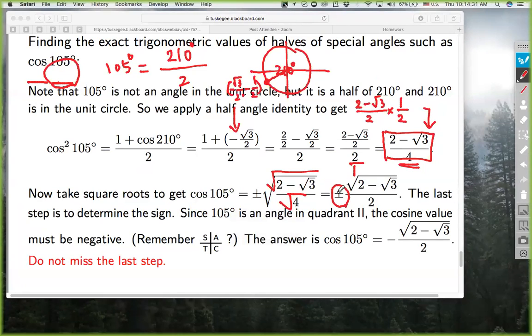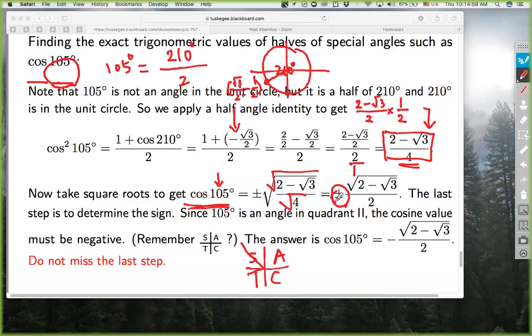You have to pick a sign, either plus or minus. To do that, you have to draw this chart again. So ASTC. Now, to determine the sign of this number, we have to look at this angle 1 of 5. 1 of 5 is in the second quadrant. And the cosine value of this 1 of 5 should be minus, because 1 of 5 is in the second quadrant, which is the sine quadrant.